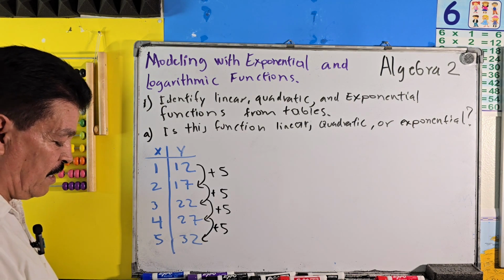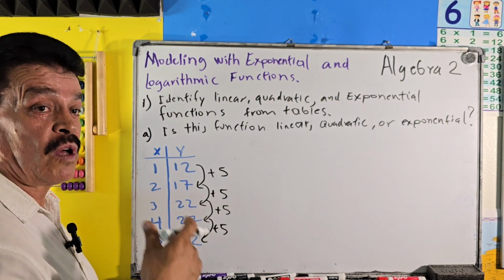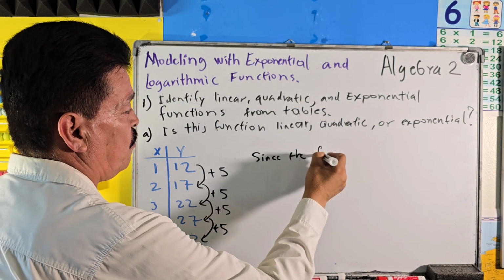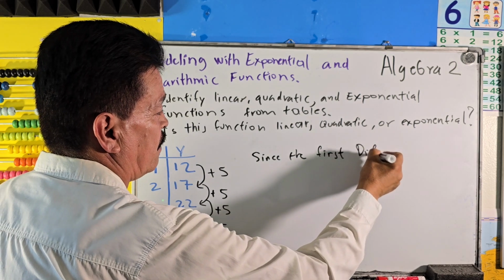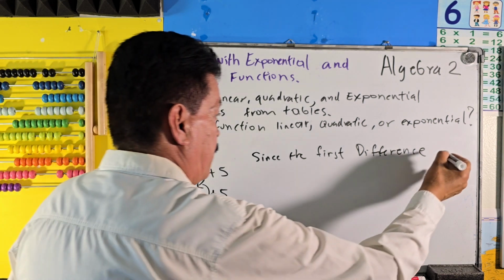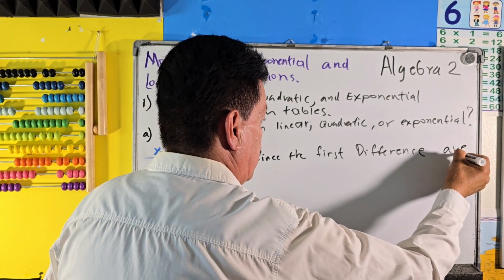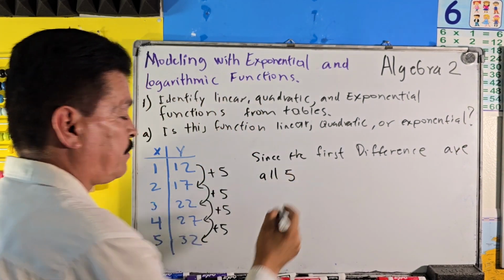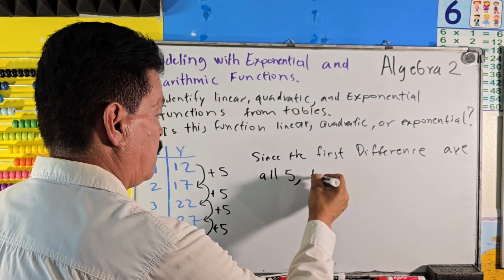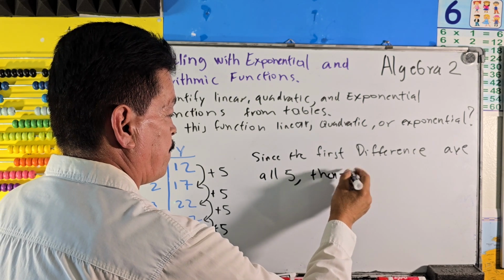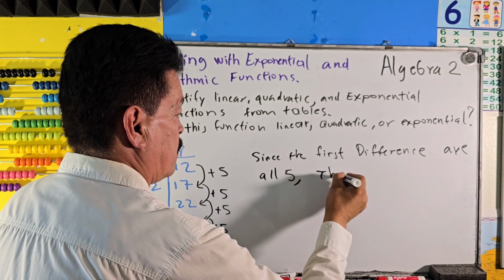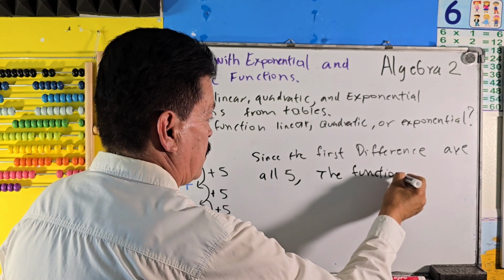So since the first differences are all 5, the function is linear.